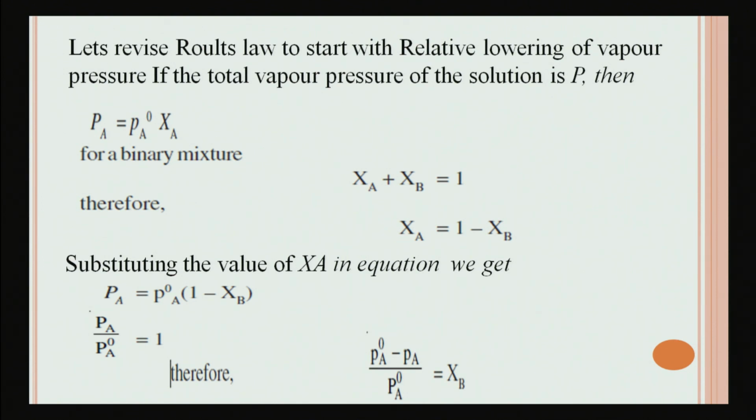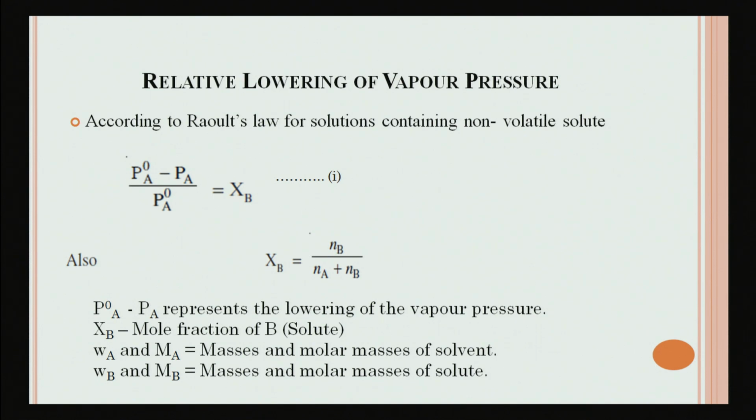Now, according to Raoult's law for solutions containing a non-volatile solute, that is, (P naught A minus PA) upon P naught A is equal to XB. Let's take this as equation 1.